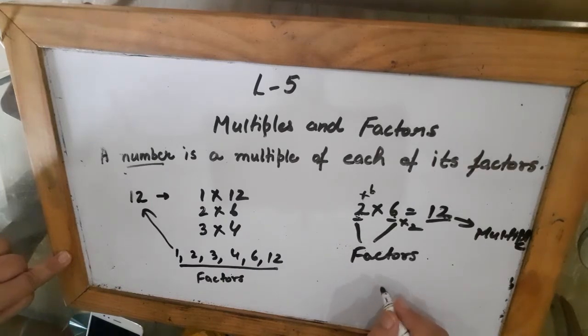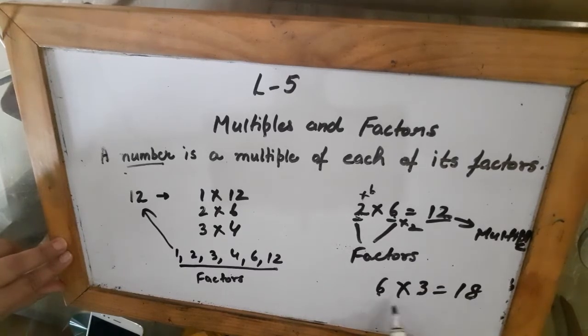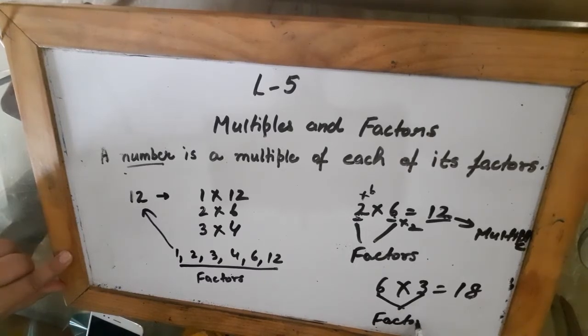6 3s are 18. When I divide 18 by 6, it divides exactly. 6 3s are 18 and 3 6s are 18, so both of these are factors of 18, because they divide 18 exactly.